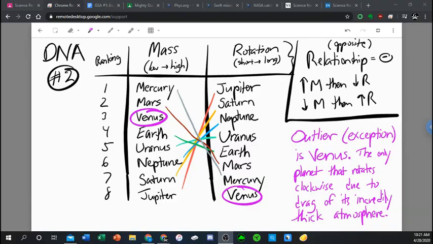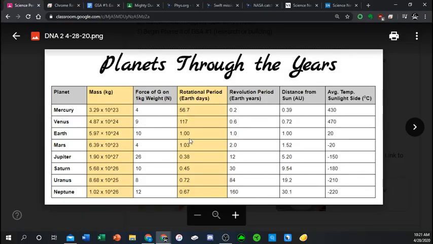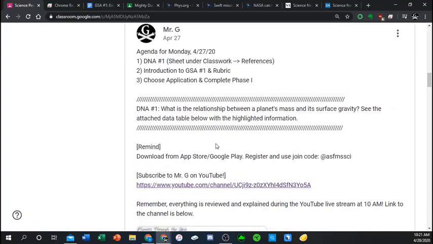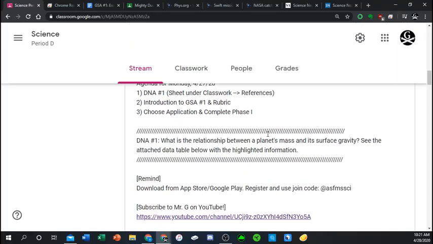So it's good to understand the outliers and the exceptions because then it helps you understand your rule a little more clearly. So if we're talking about exoplanets, like we are this week, I'll come back to this in a second. Yesterday's question on Monday asking what is the relationship between a planet's mass and its surface gravity seemed to be the higher the mass, the higher the surface gravity, unless you're a very, very low density planet.